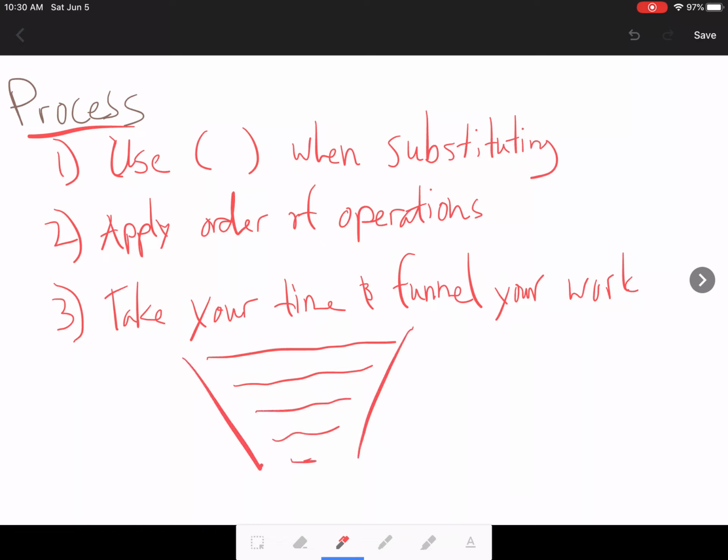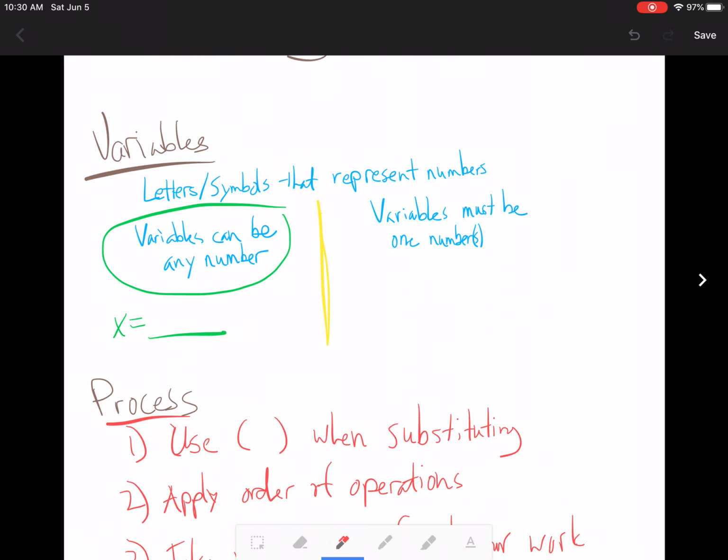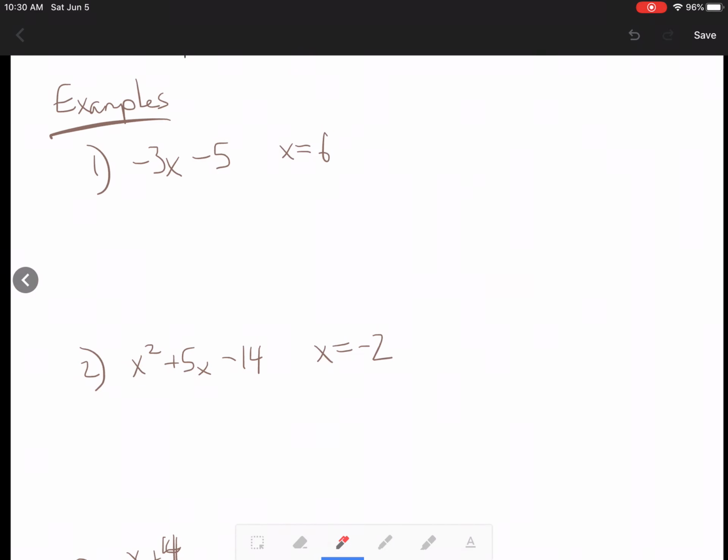Notice how it's forming a little funnel, coming down to a point at the end where we'll finally have our final answer. That's the big mistake I see a lot of students make: they try to do too much in their head, they don't take their time, and they don't funnel their work, and as a result, they get the wrong answer.